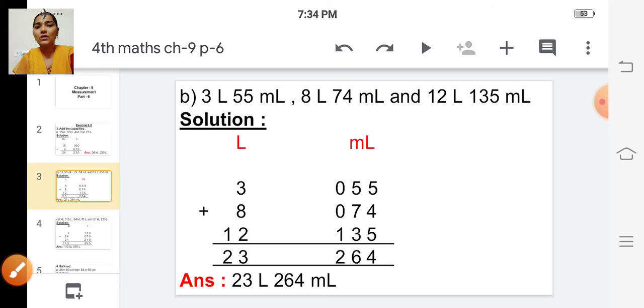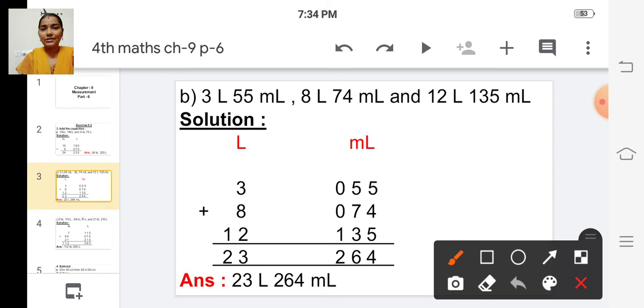Now we shall add like normal addition, starting from right hand side. 5 plus 4 is 9 and 9 plus 5 is 14. 14 is a 2-digit number, so write this 4 in the answer and carry over this 1 to the next place.